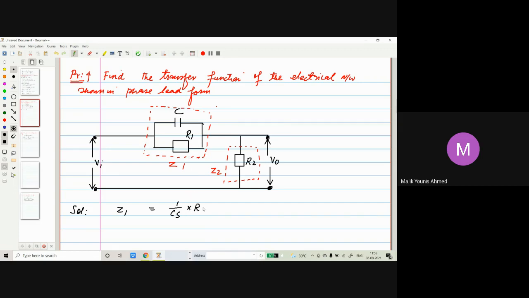So it is R1 times 1 by Cs divided by 1 by Cs plus R1. This can be further simplified: R1 by Cs divided by R1 plus 1 by Cs. Therefore Z1 can be easily written as R1 divided by 1 plus R1 Cs. Just a second, here I have written it.